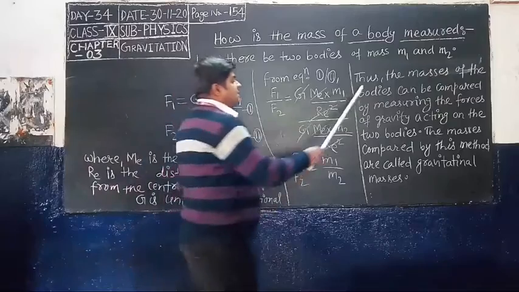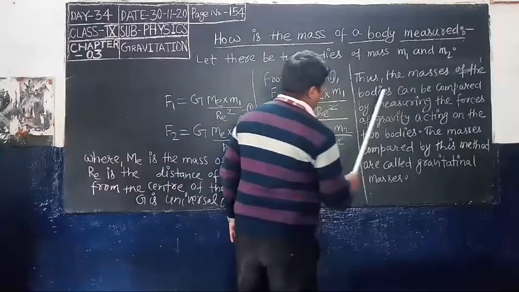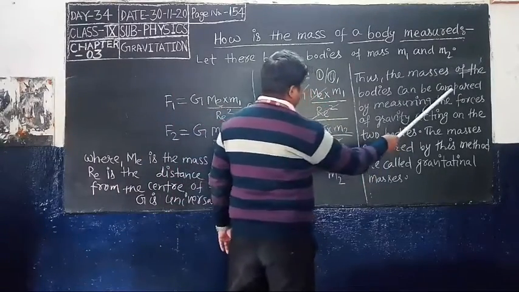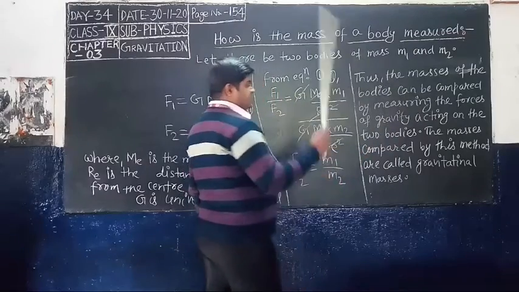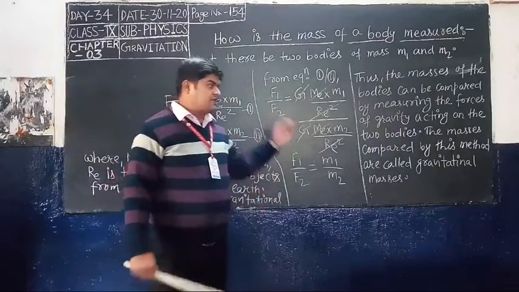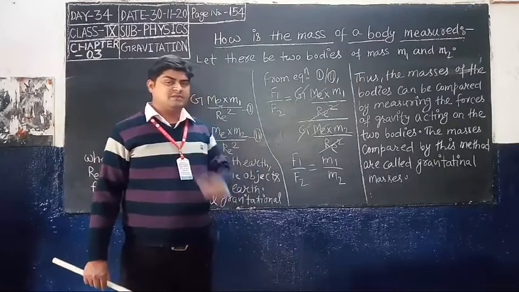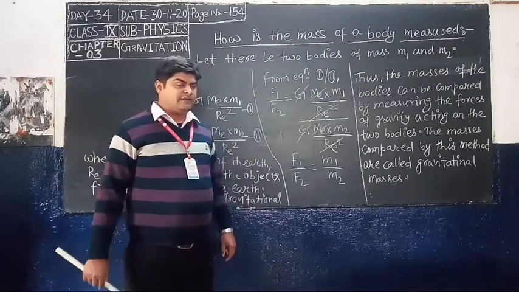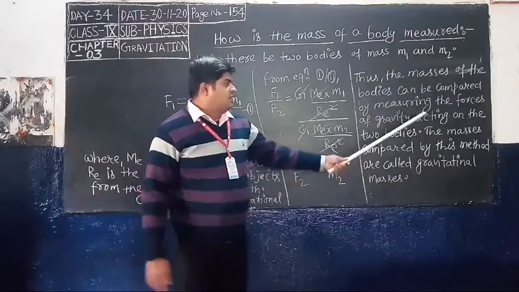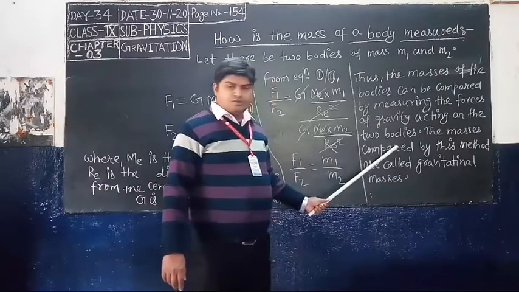Thus the masses of the bodies can be compared by measuring the forces of gravity. So we can say that the mass of any object can be measured by the force of gravity acting on the two bodies.